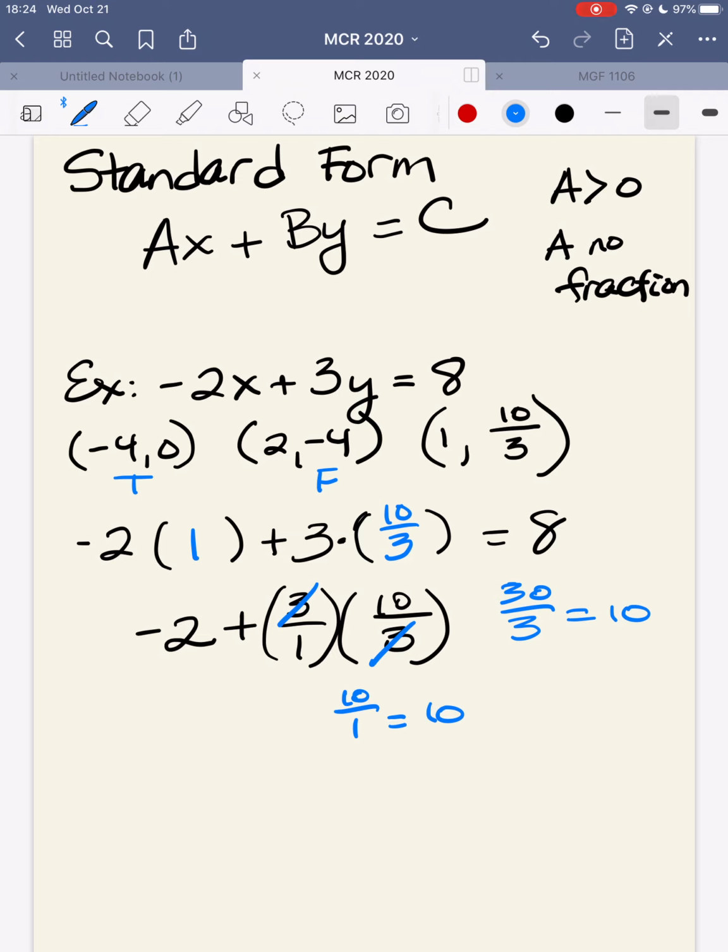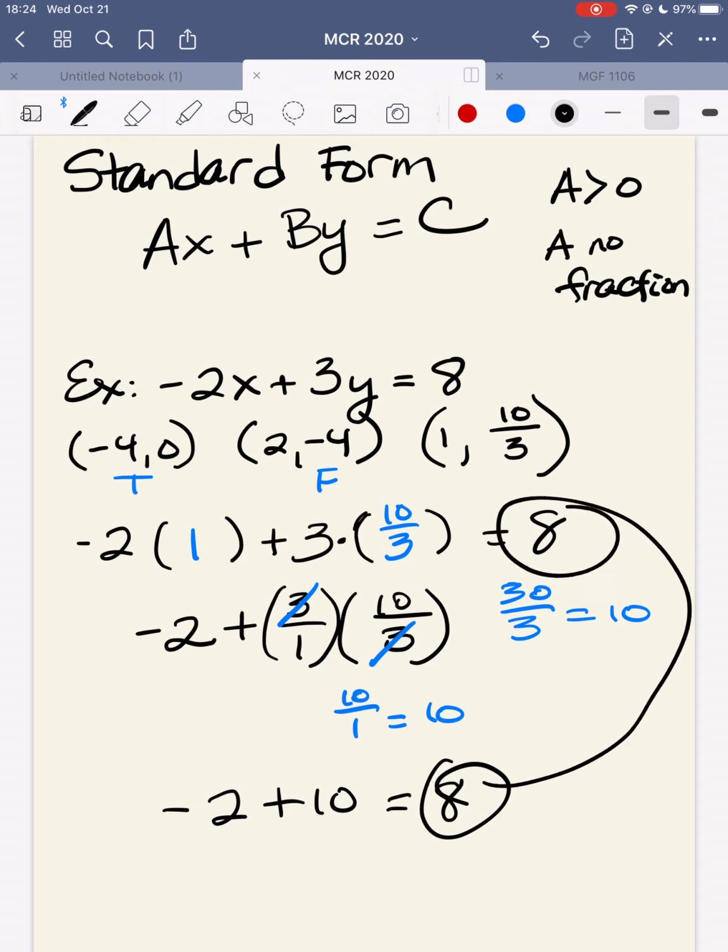It'd be the same thing. Okay, so now I have a negative 2 plus my 10, a negative and a positive. I have to subtract, keep the sign of the larger number, which gives me 8. And 8 here is definitely equal to the 8 over here. So this one is a true statement. It is a solution to this.